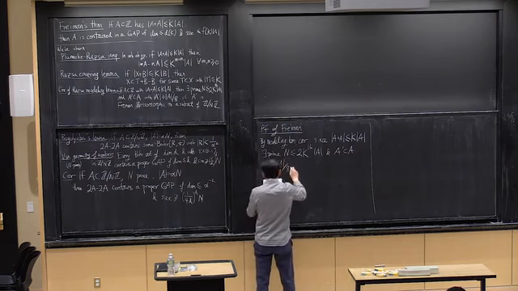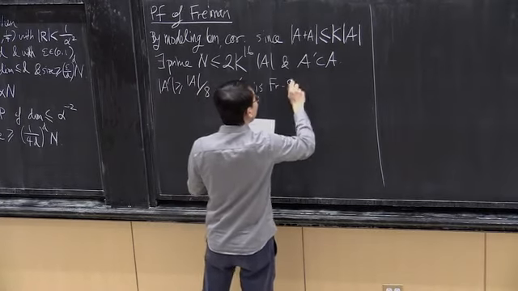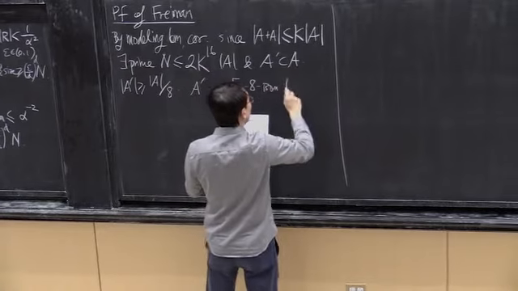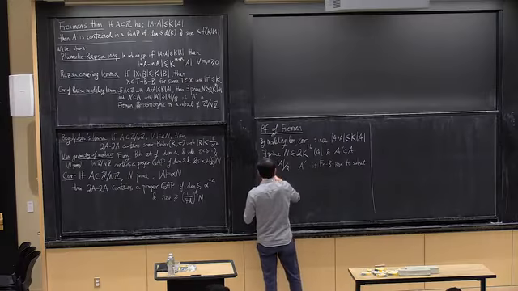So I find a pretty large subset A' of A such that A' is Freiman 8 isomorphic to a subset of Z mod n.